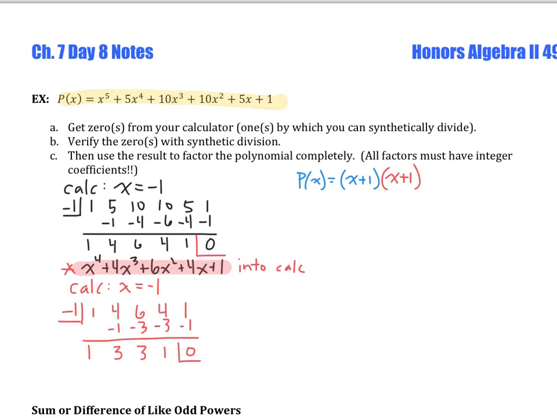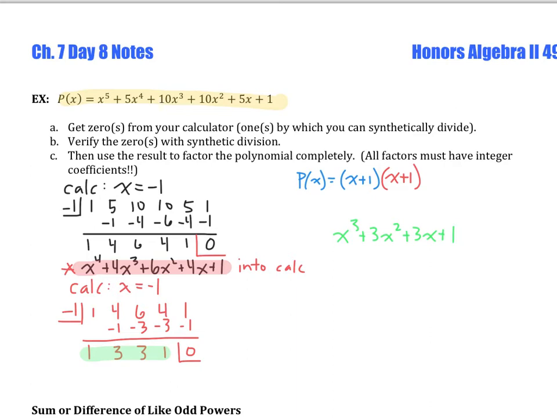Now we have the polynomial from those coefficients. So now we are at x cubed plus 3x squared plus 3x plus 1. Now, if you look back on your calculator, don't change anything. If we tried to factor this, we probably could, right?